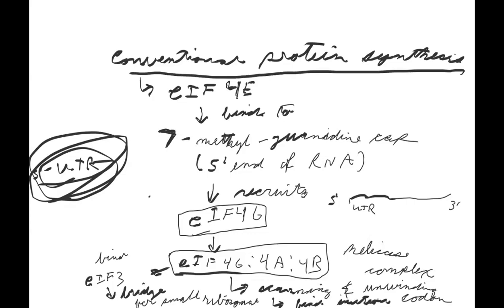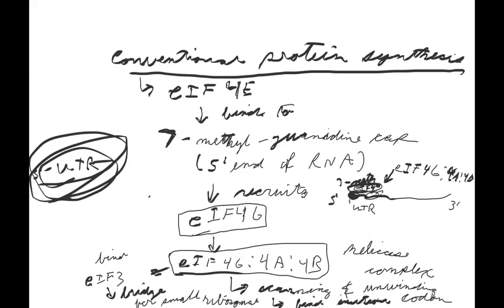So there's a region here that is the 7-methyl guanidine cap, and then it's going to bind the EIF4E, and then the EIF4E is going to bring in EIF4G, and then that's going to build another complex, which is 4A, 4B.